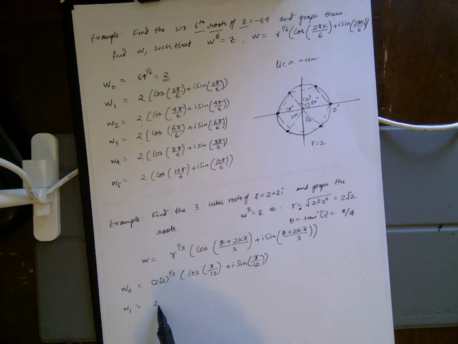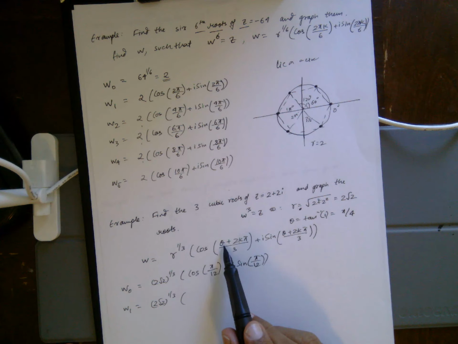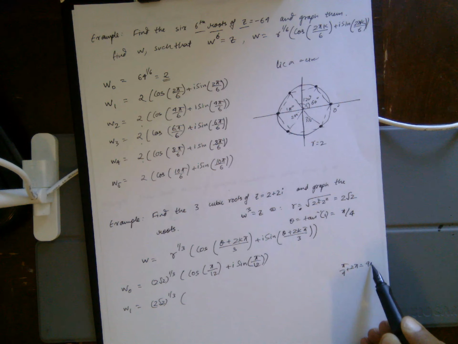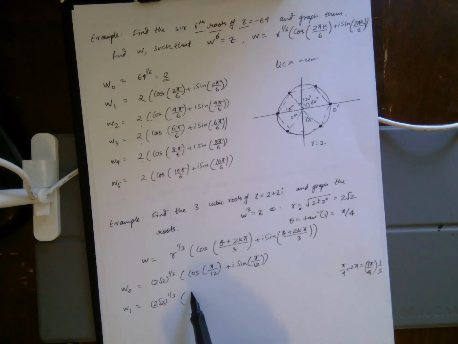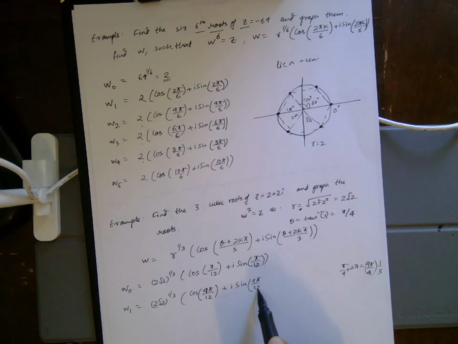W1, 2 root 2 to the 1/3. This time it's going to be pi over 4 plus 2 pi. So let's do the rough calculation here. It is 9 pi over 4, and then 1/3 of that gives me 9 pi over 12, plus i sine 9 pi over 12.